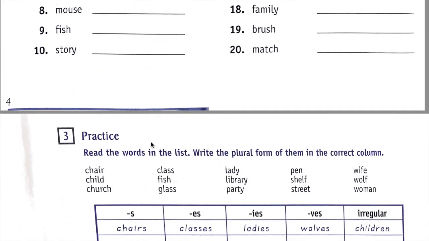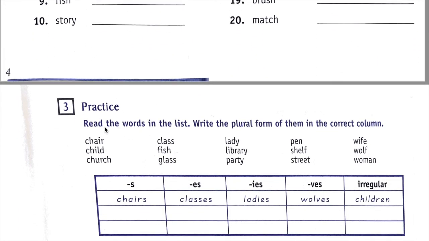For practice 3, you read the words in the list and write the plural form of them in the correct column. Such as, if you look at chair, you just add an S to it, and you put it in that column. Child becomes children. Class ends in double S, so if you look at your chart again, go back up to your guide.